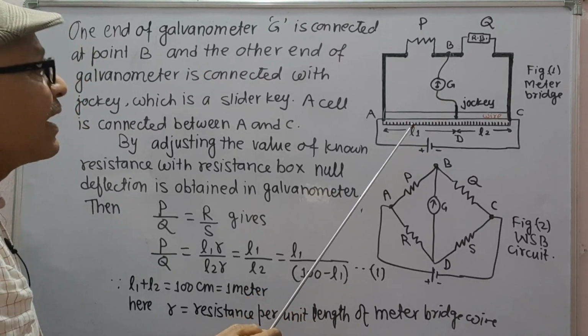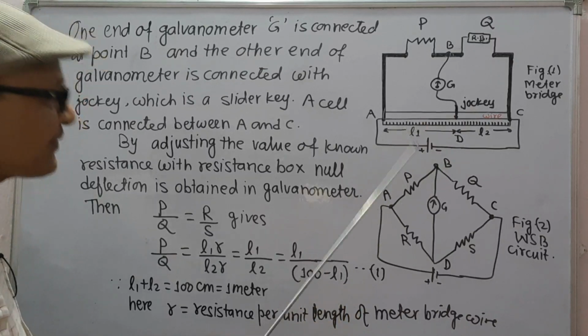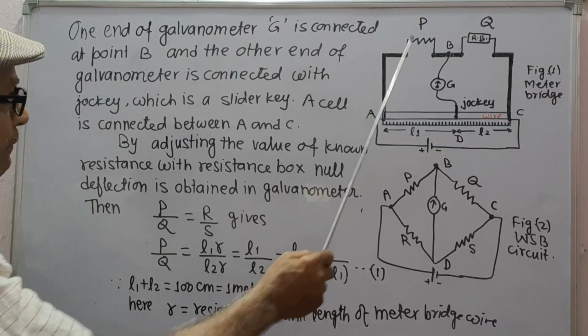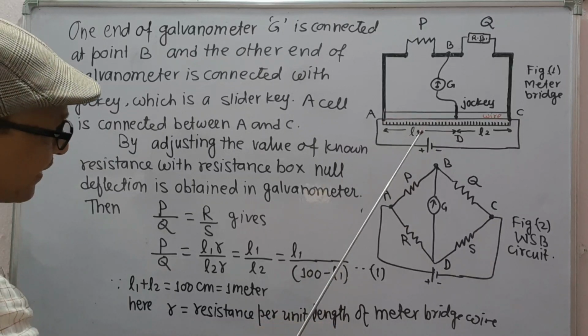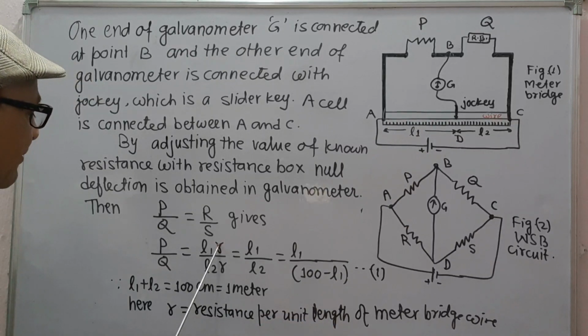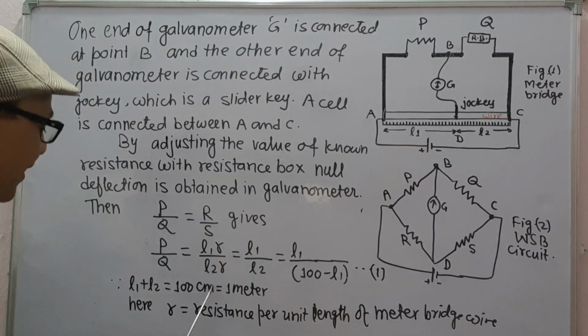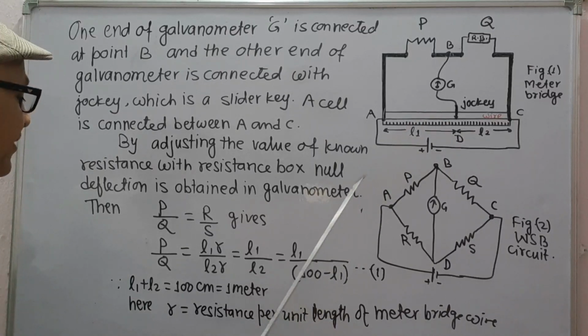If L1 and L2 are the balanced lengths on the meter bridge wire, then from the principle of balanced Wheatstone bridge, P upon Q is equal to R upon S, which gives P upon Q is equal to L1 into r upon L2 into r, where r is the resistance per unit length of the meter bridge wire.